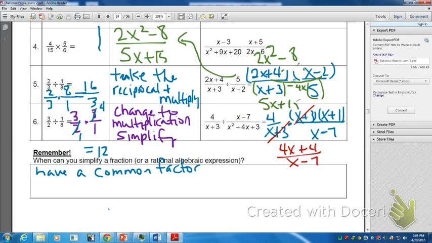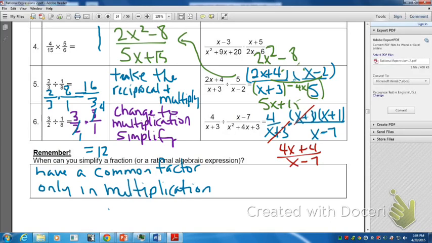And what else? Let's talk about this last one here. What did we do after we changed it to multiplication? Then we simplify, okay? So remember, you can only simplify when it is in multiplication format, okay?